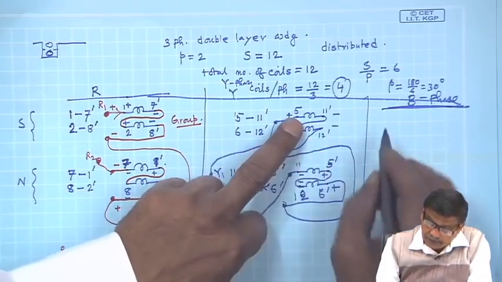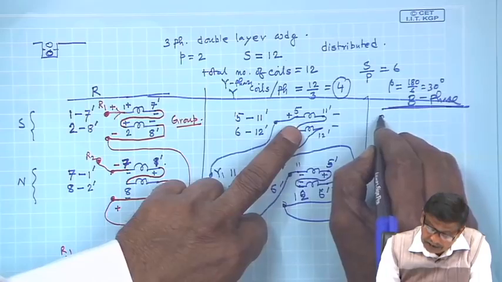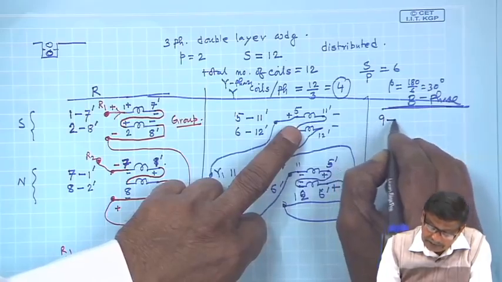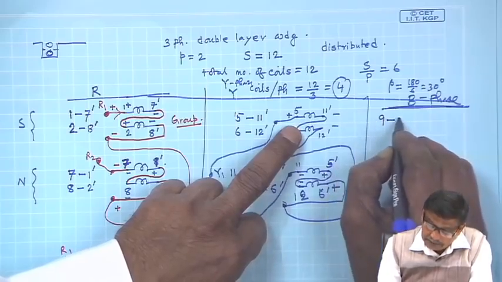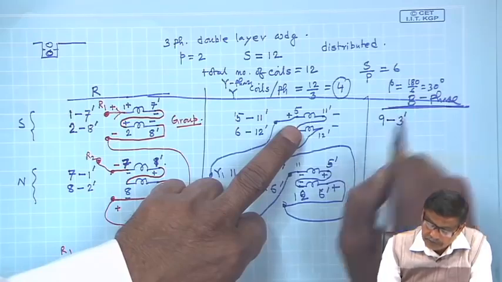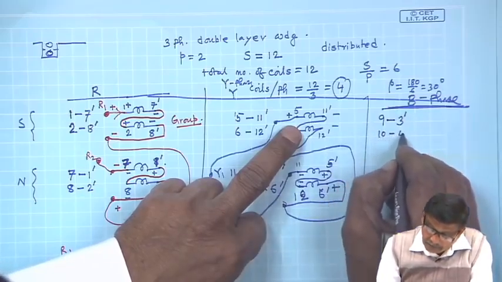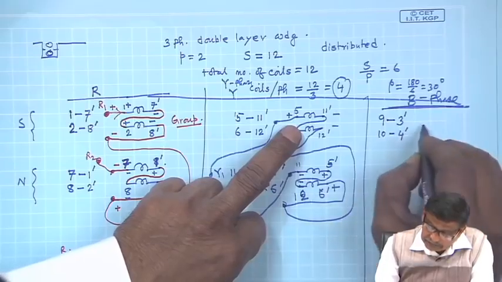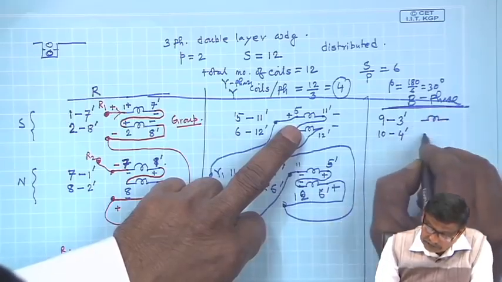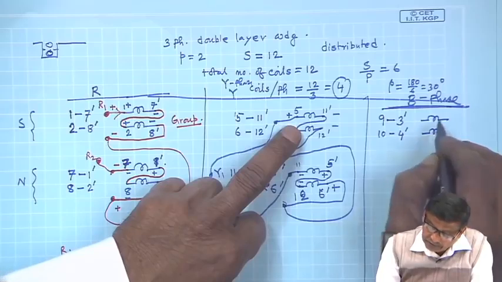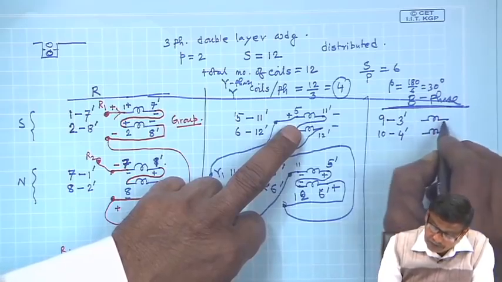Therefore, 5 plus 4, it must start from 9 and then 9 plus 6, 15 dashed, but there is no 15 dashed, it should be 3 dashed. Then 10, 4 dashed. So, these are the distributed coils in the first group of a phase.